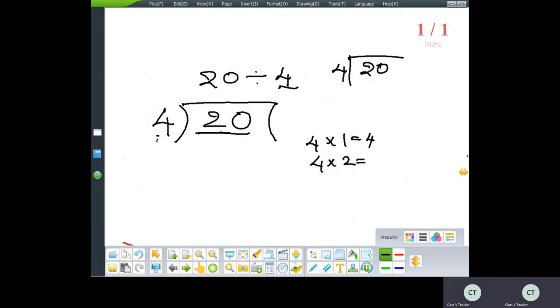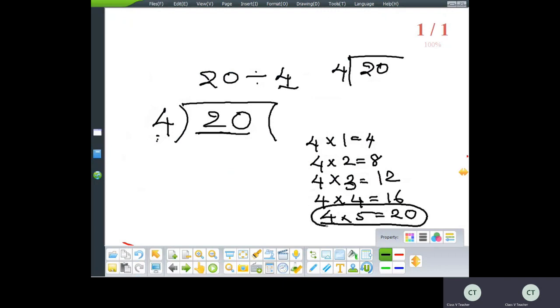That's why I told you to be thorough with the tables, because for both multiplication and division you have to learn tables. 4 4s are 16, 4 5s are 20. So 4 into 5 will give you 20. Now what is the friend of division? Subtraction. So 20 minus 20 is 0.